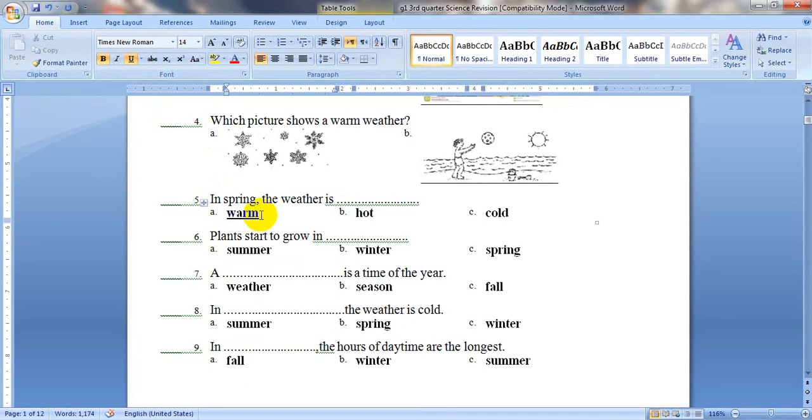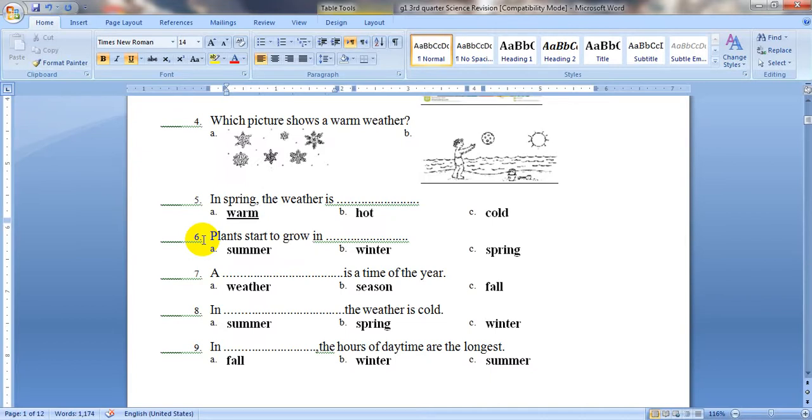The next question. In which season do plants start to grow? Summer, winter, or spring? Let's remember together what we said about plants in each season. In spring, plants start to grow.